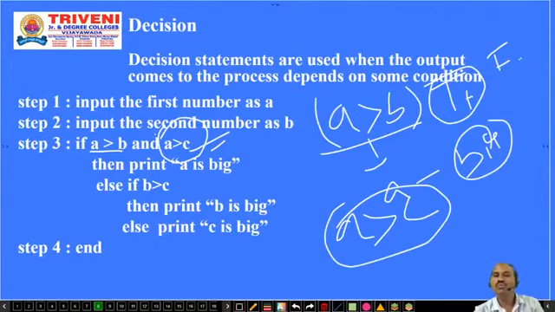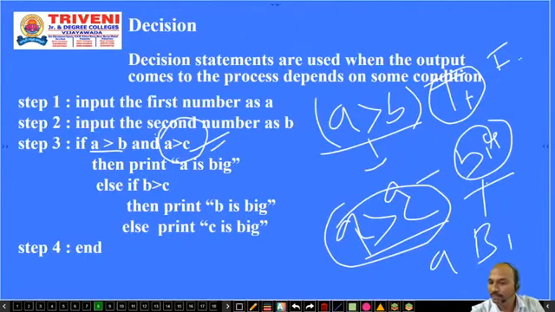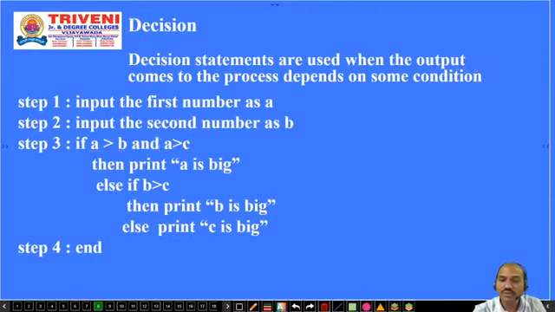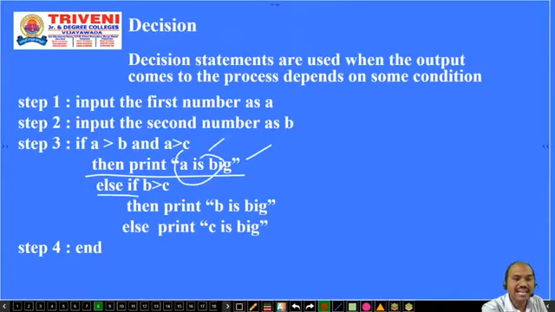Here we have to check whether A is greater than C. If the statement is true, then we print A is bigger. If it is not true, that means false, then we go to the next statement, printf of A is completed. Then the next else statement is there.